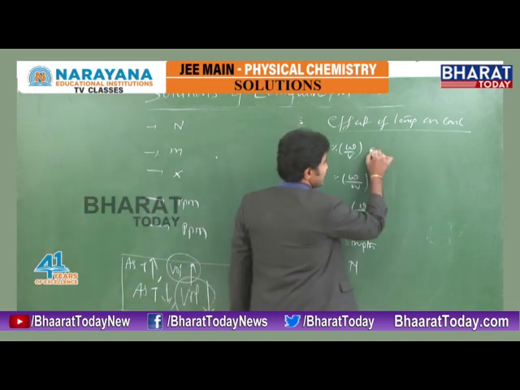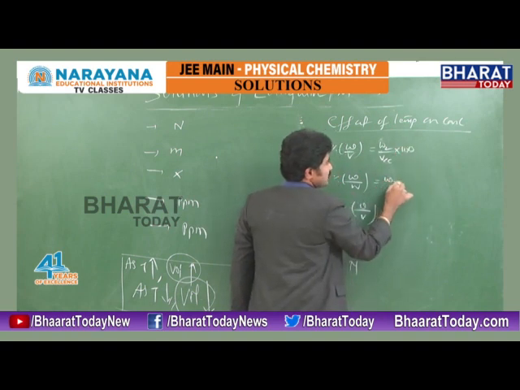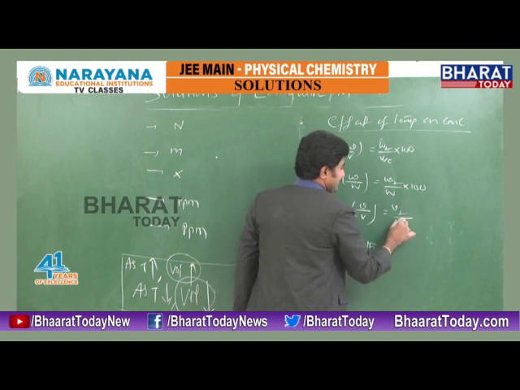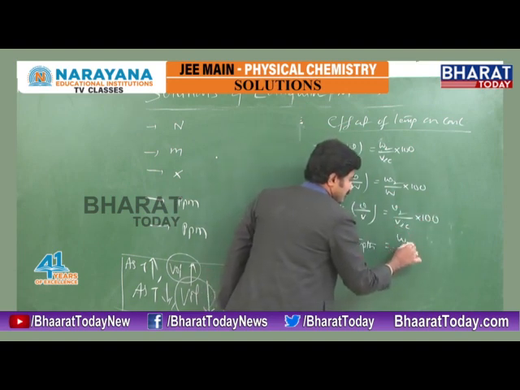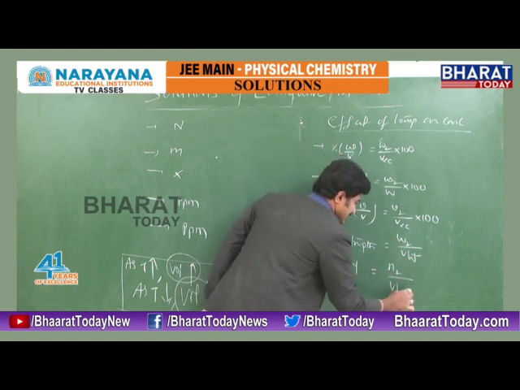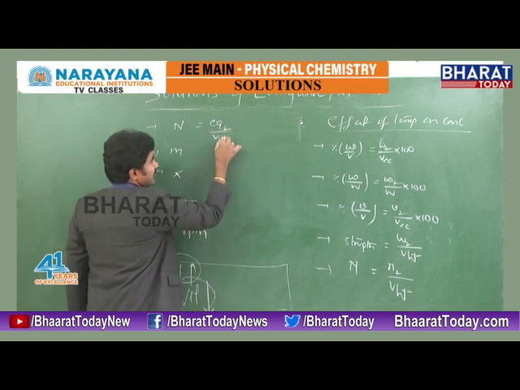Already we know these expressions. This is W2 by V in cc into 100. This is W2 by W into 100. This is V2 by V in cc into 100. This is W2 by V in liters. This is N2 by V in liters. This is number of equivalents of solute by V in liters.